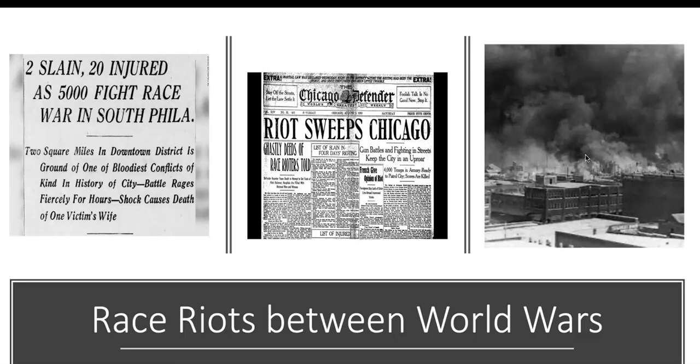Now, if you think about the northern cities, there are no laws mandating racial segregation, but there is de facto segregation, and that is what's done customarily. So, de jure is statutory segregation, right? And in the North, de facto, it's customary segregation, done by custom.